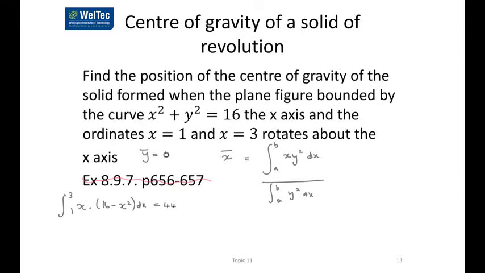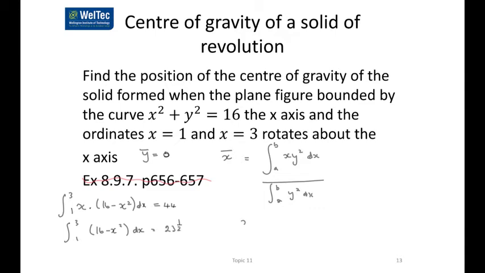You would also need to do just the integral of the bottom line. So that's the y squared, which is 16 minus x squared. And if you integrate that and plug in the values, then you're going to get 23.5.